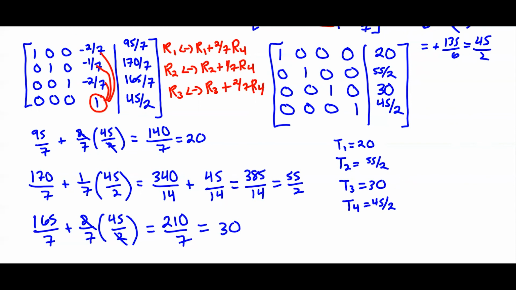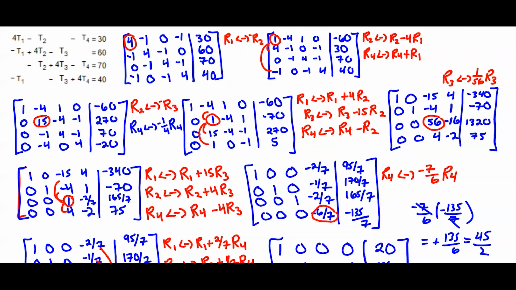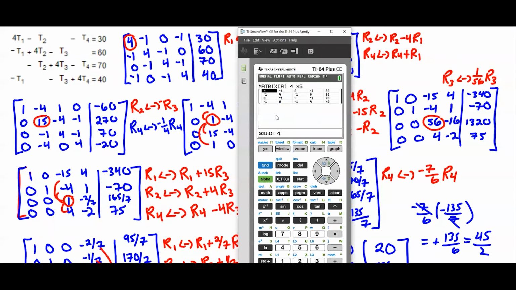So let's check this in the calculator. So here I've got the original matrix entered in my calculator, and I'm going to call up the RREF function. I get this.